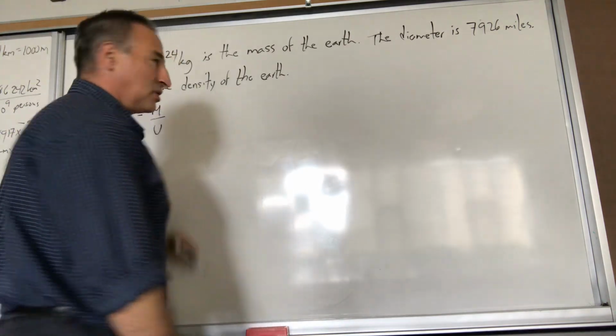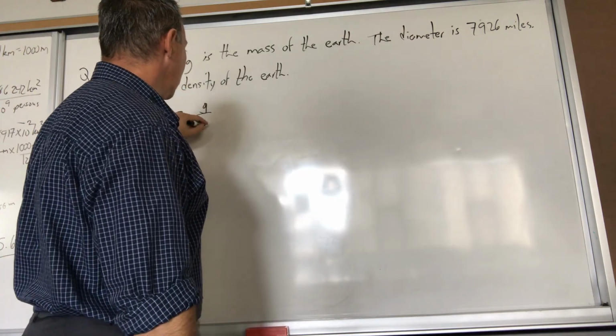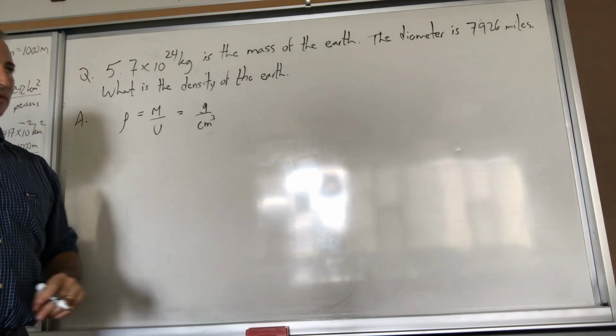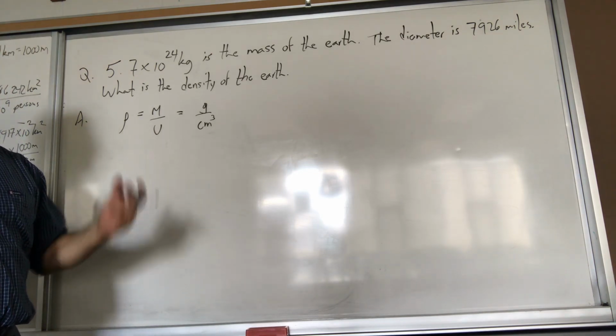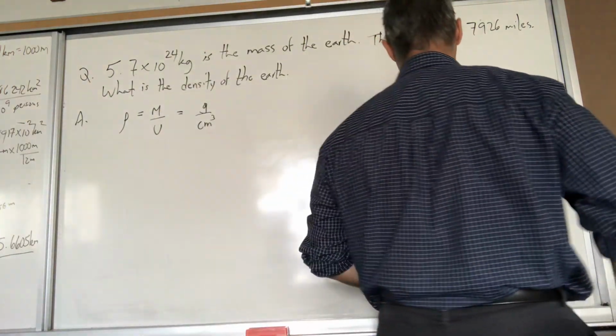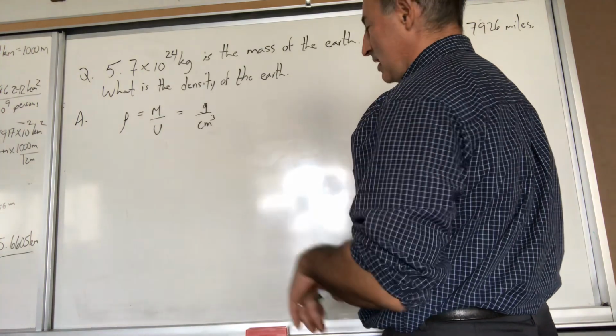And what are the units we use for density? Well, typically we use units of grams per centimeter cubed. So it's not that hard to convert the volume of the Earth into centimeters cubed if you know the conversion factors that you need to go from miles to centimeters, or miles to kilometers, and then back to centimeters.